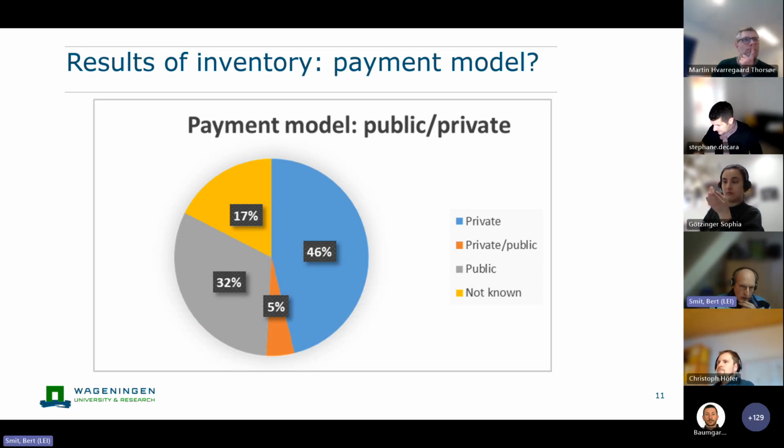Martin also mentioned some information about public and private payments. Public payments come from, for example, rural development programs.